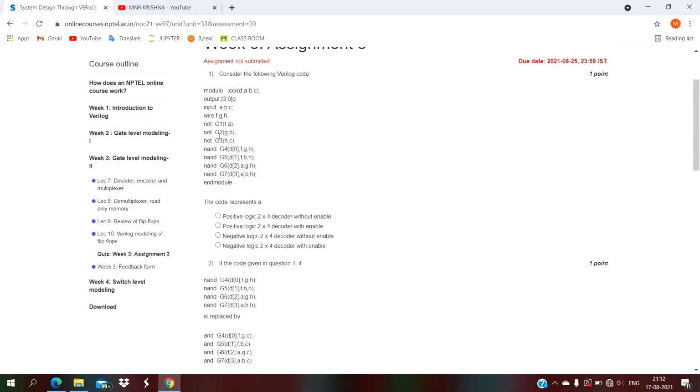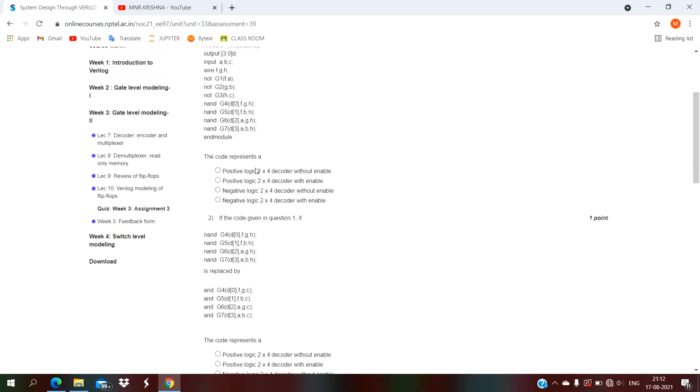Three wires named F, G, H are used, and sorry, 3 NOT gates are used, and 4 NAND gates in the module. The options ask whether the code represents a positive logic 2x4 decoder without enable, a positive logic 2x4 decoder with enable, and so on.